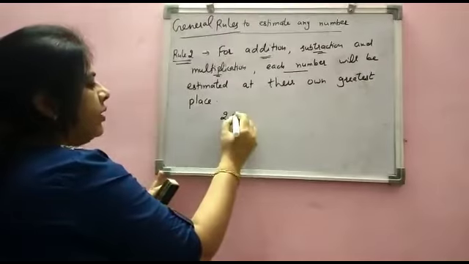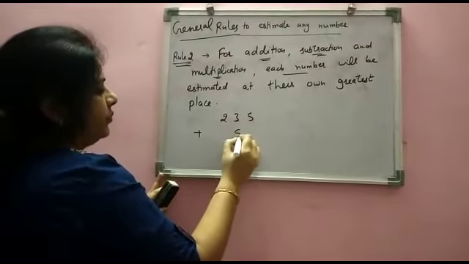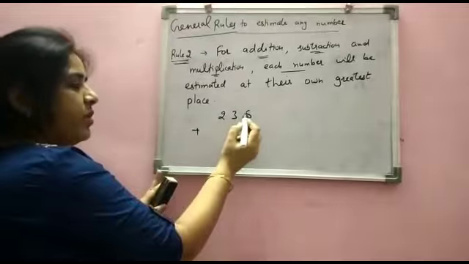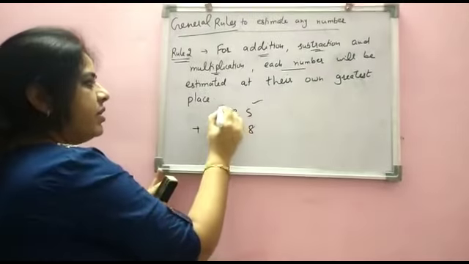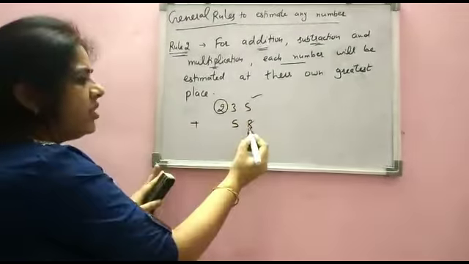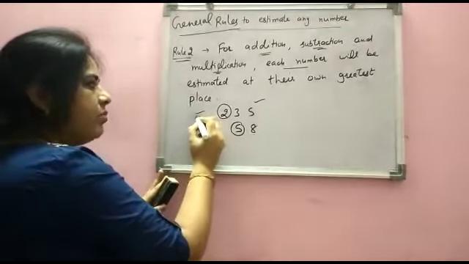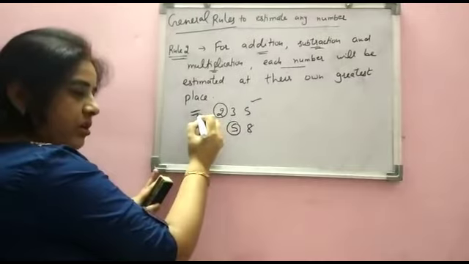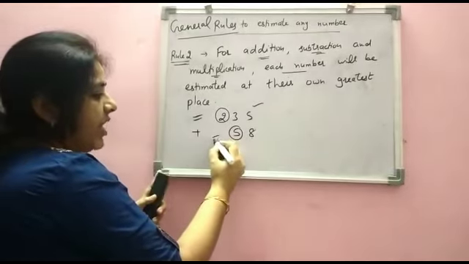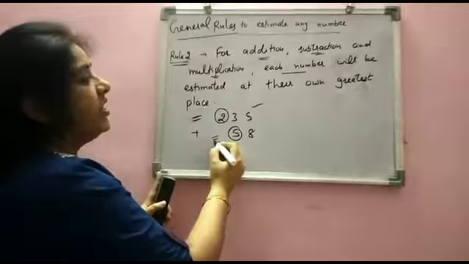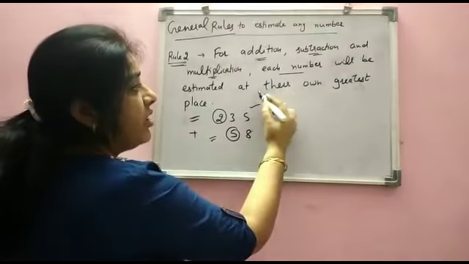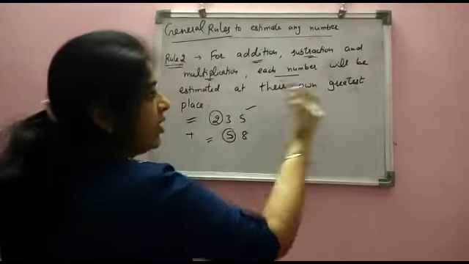For example, we are adding this. The greatest place for the first number is 100. The greatest place for this number is tens. It means this number will be estimated at 100 place and this number at tens place, because each number will be estimated at their own greatest place.